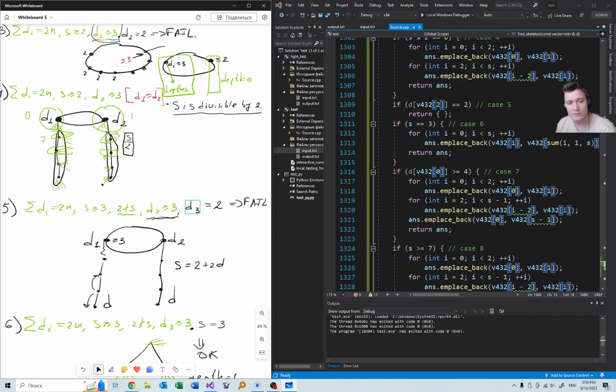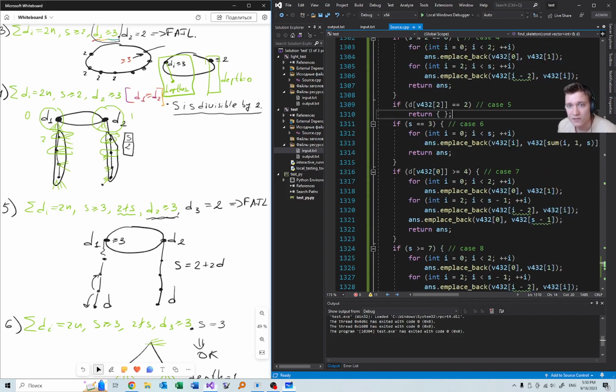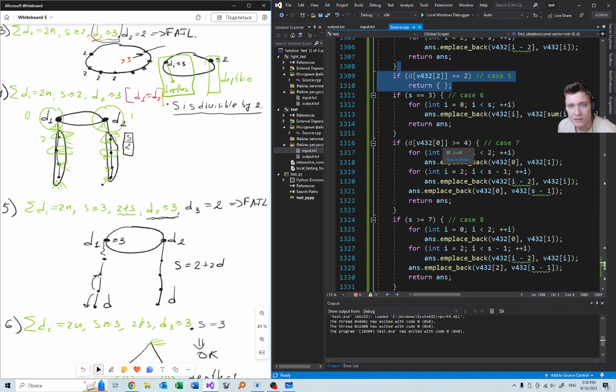And this is impossible, because we cannot make two branches, two bamboos of the same length. So in this case, we return no.